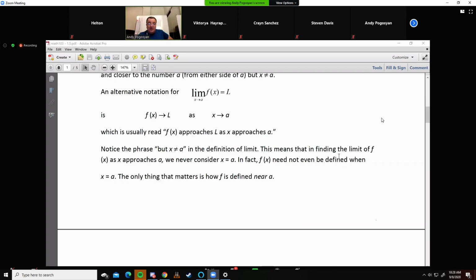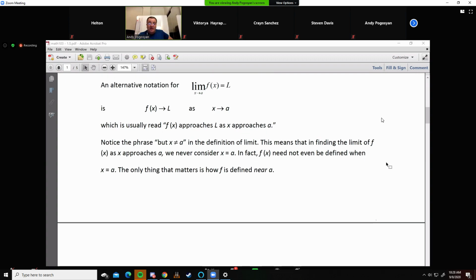This means in finding the limit of f as x approaches a, we never consider x equals a. In fact, f of x need not even be defined when x equals a. The only thing that matters is how f is defined near a.